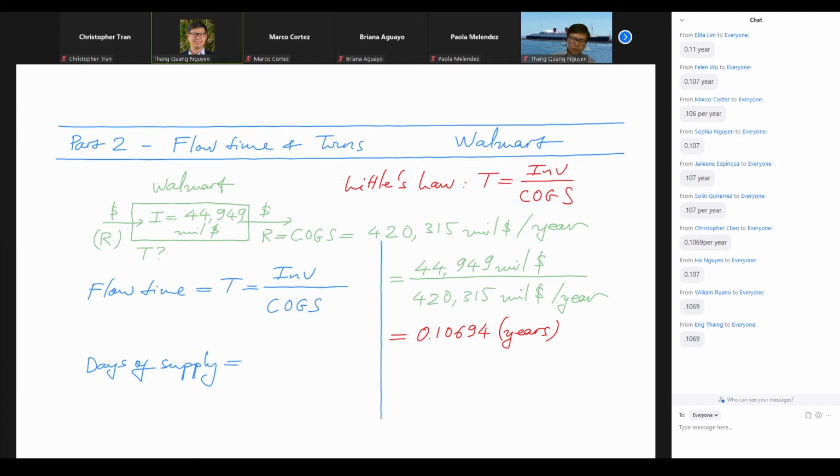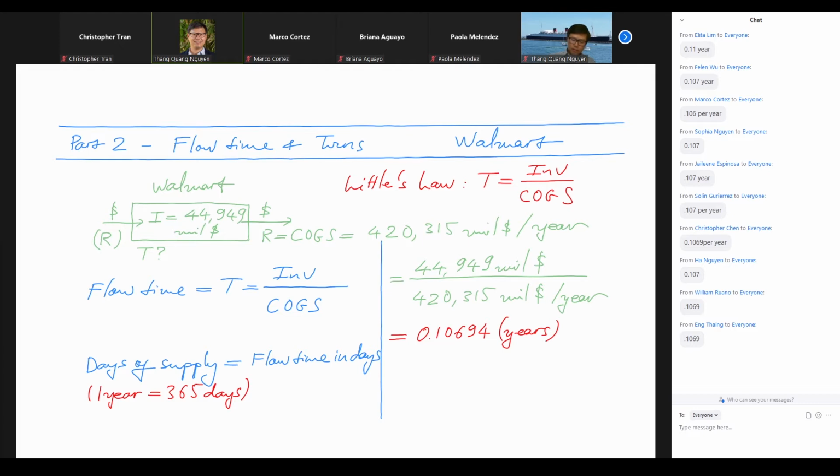The days of supply is just the flow time again, expressed in days. Normally we assume that 1 year is 365 days. So here's the calculation.